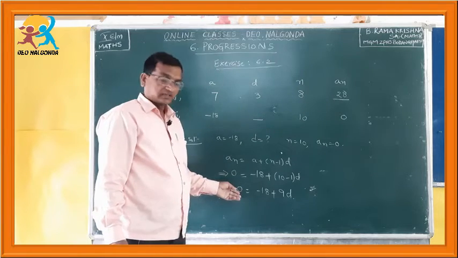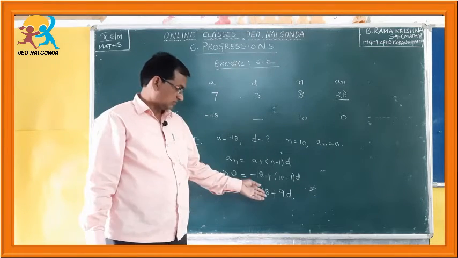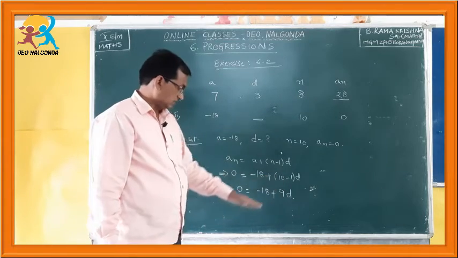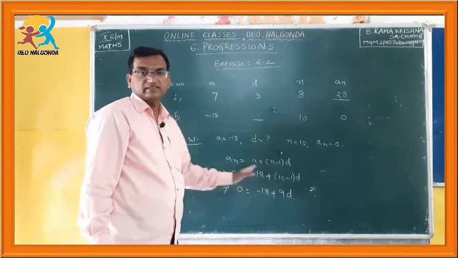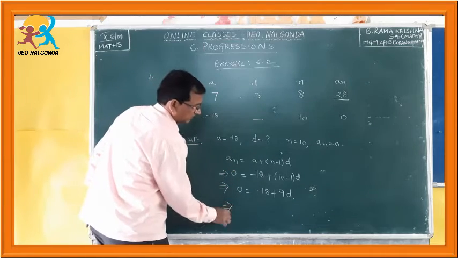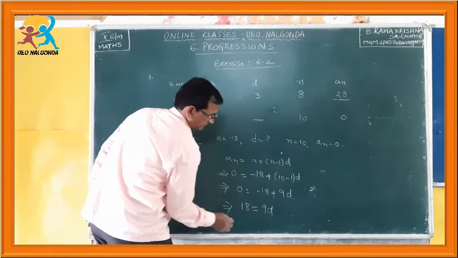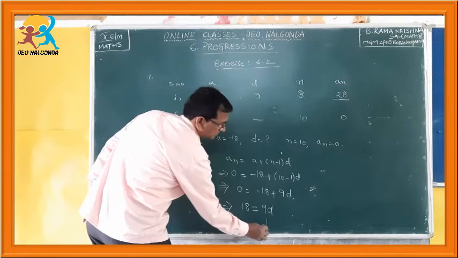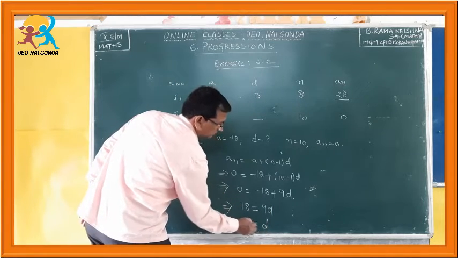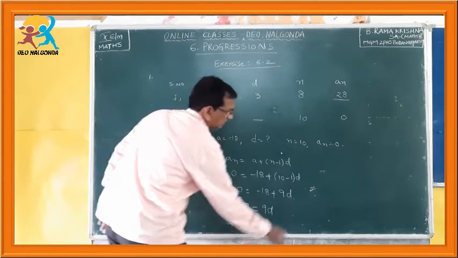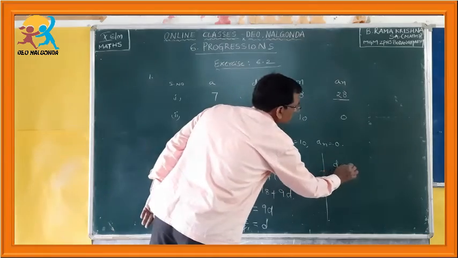On the left hand side there is 0, on the right hand side there are two terms, minus 18 and 9d. You transpose minus 18 to the left hand side, and what do you get? Minus 18 becomes plus 18, which is equal to 9d. Next step, you transpose 9 also, that is 18 divided by 9. Nine twos are 18. What do you get? d is equal to 2.